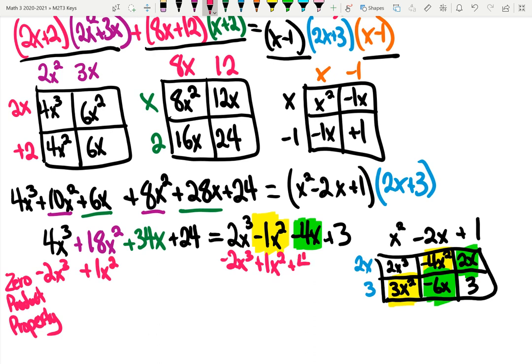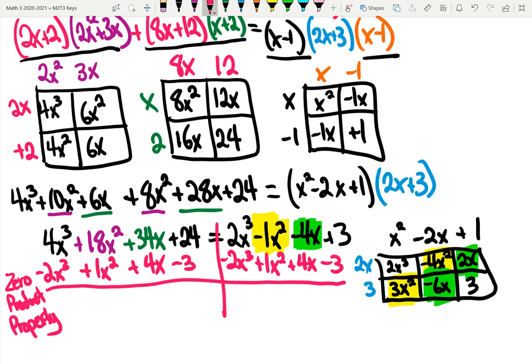I'm going to add 4x to both sides. I'm going to minus 3 to both sides. This is going to create 2x to the third plus 19x squared plus 38x plus 21, which is going to be equal to 0.